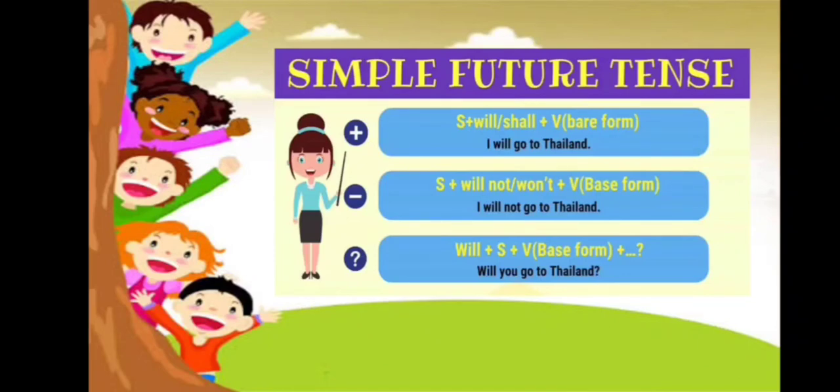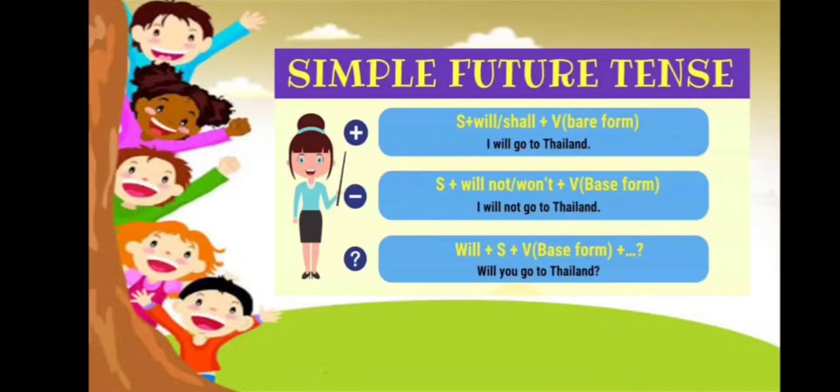For example, I will go to Thailand. For the negative sentences, subject comes first, then comes will not or won't, which is followed by verb in its first form. For example, I will not go to Thailand.